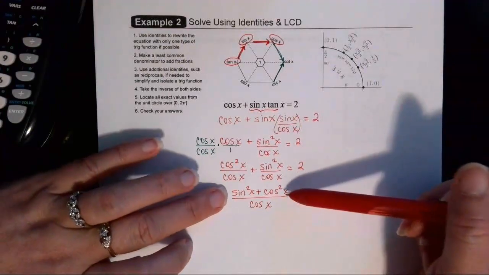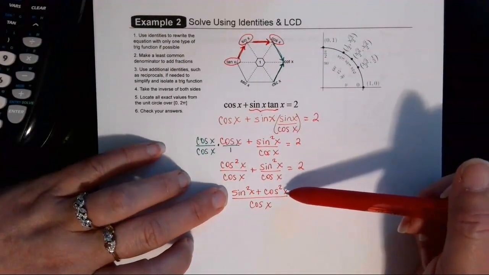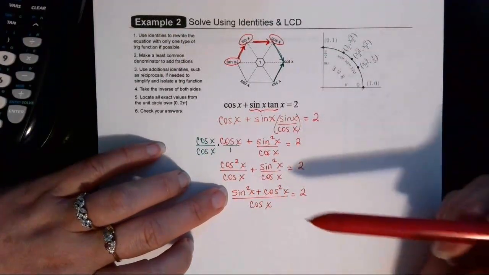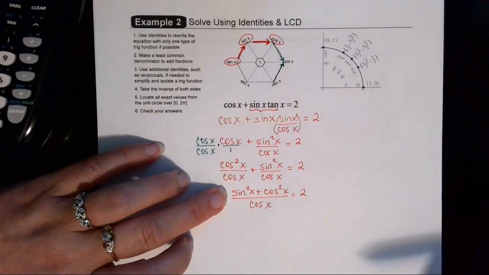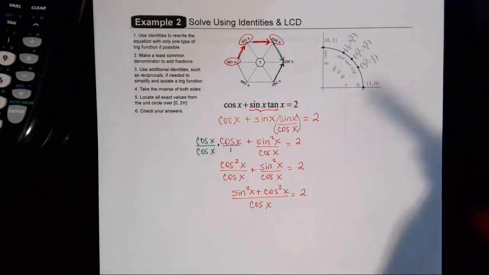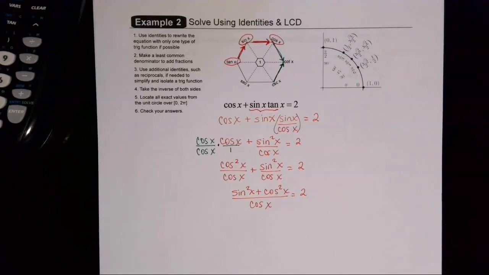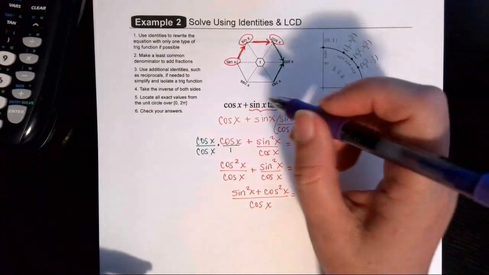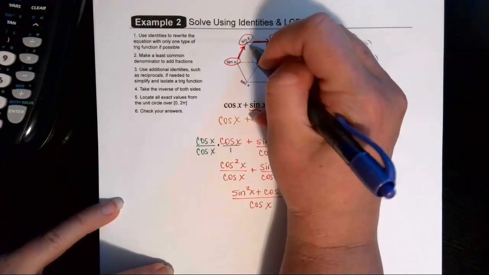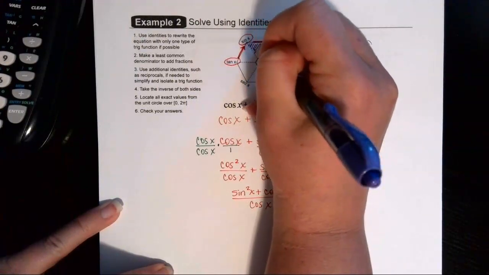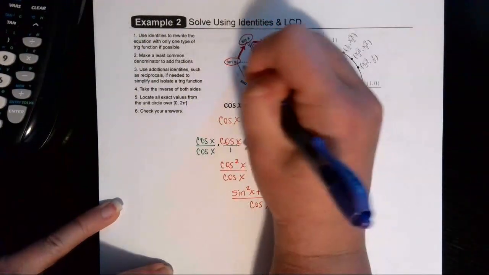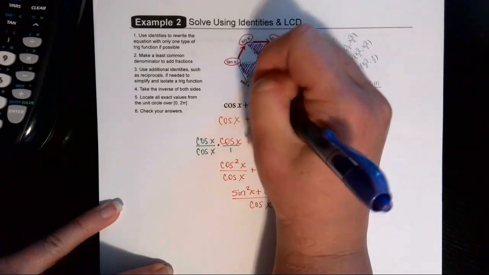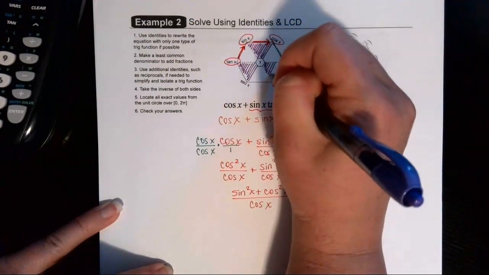And the reason I did that was to jog our memory that sine squared x plus cosine squared x, that's a Pythagorean identity. So if you recall our Pythagorean identities in the hexagon, they form these triangles at the top and then the two sides here.